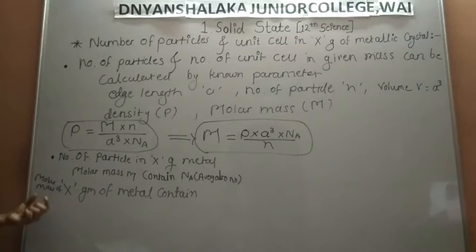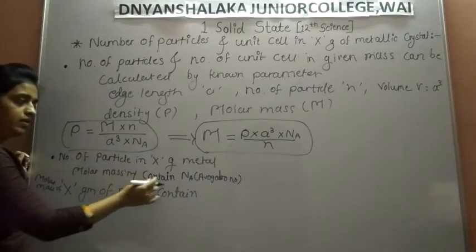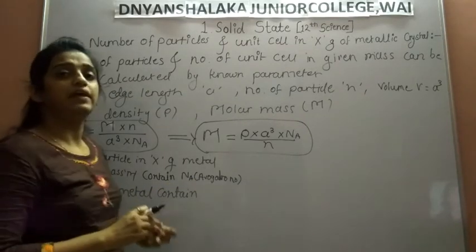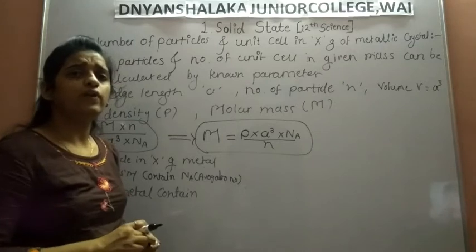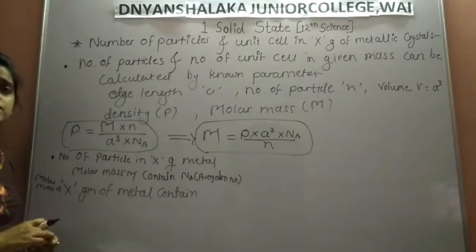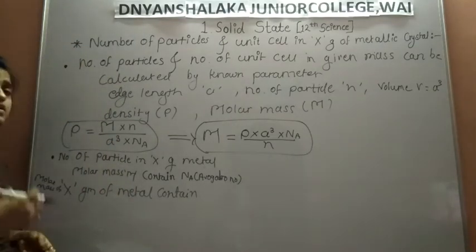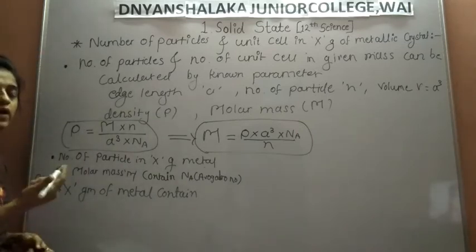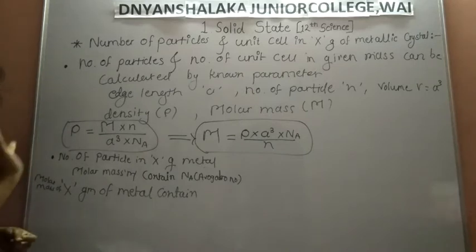The molar mass, capital M, contains Avogadro number of particles. As in 11th standard, where we calculated the number of moles present in a substance, molar mass into Avogadro number gives the total number of atoms, molecules or ions present in the compound.